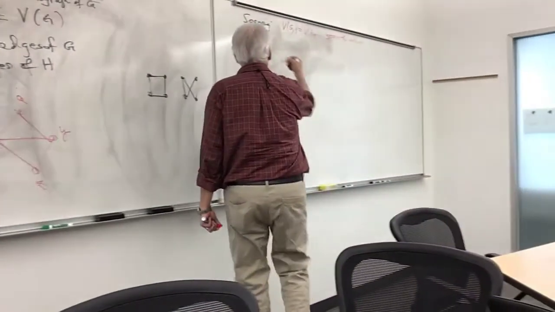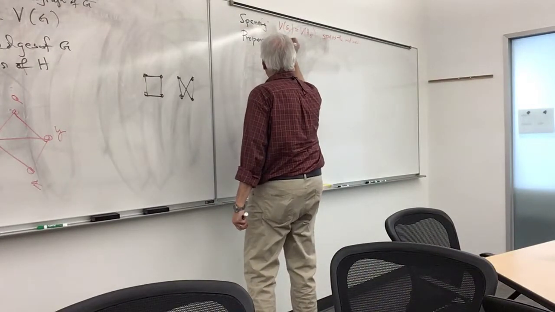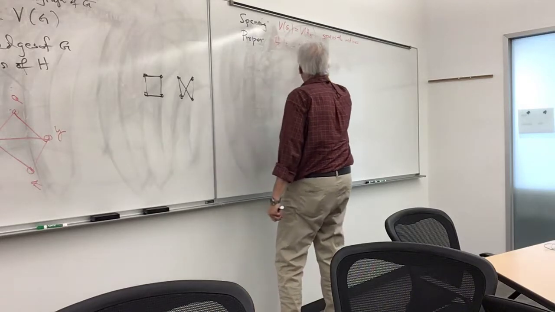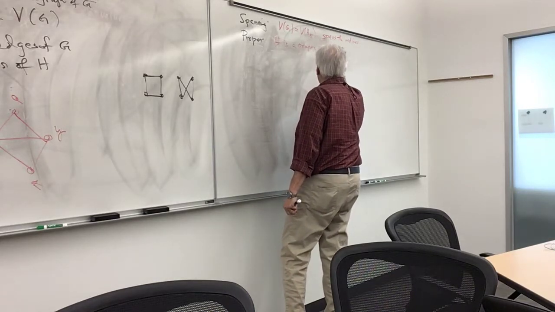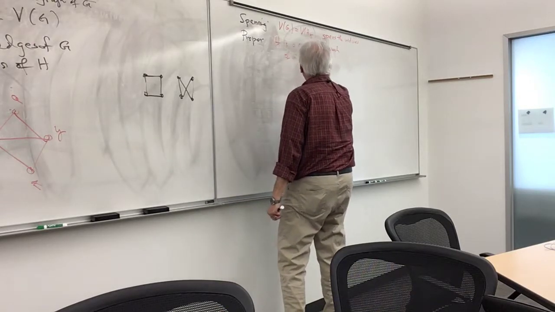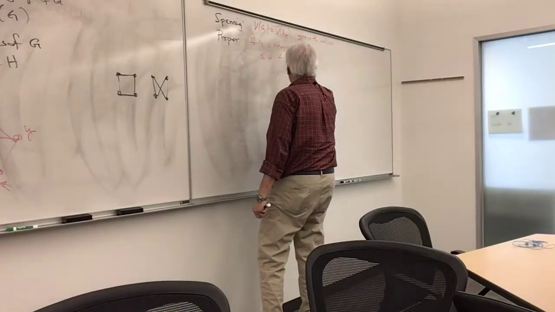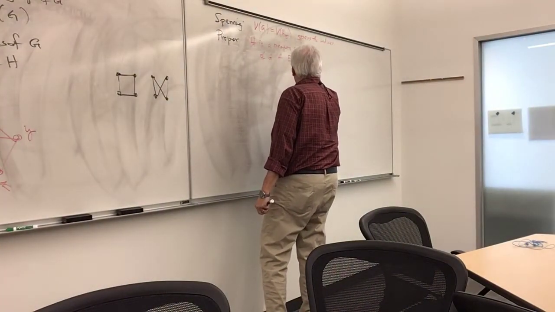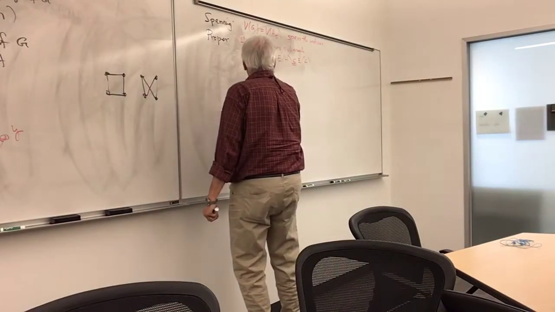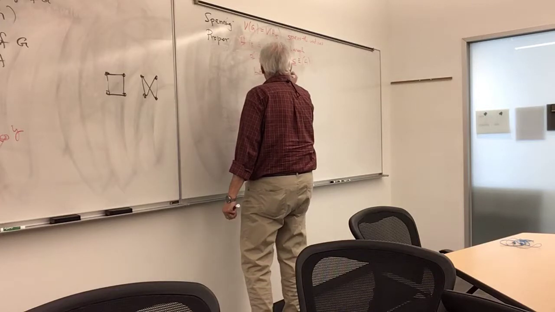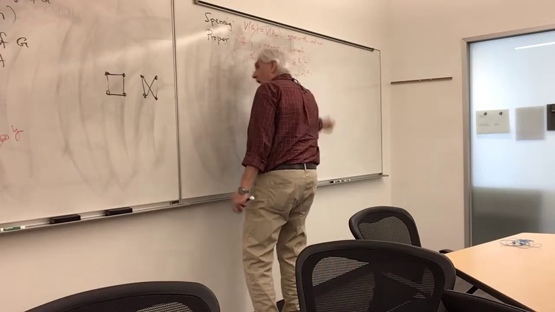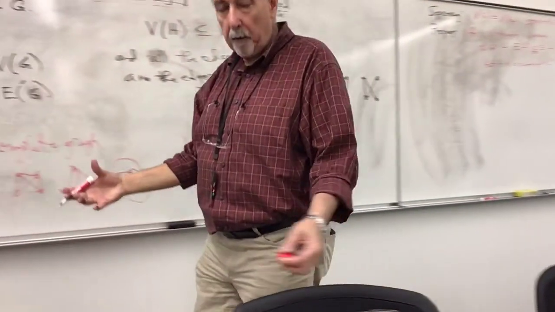So proper means that H is a proper subgraph of G if the edge set of H is not equal to the edge set of G, but H is a subgraph. So it's not all of G. That's what we mean by proper.